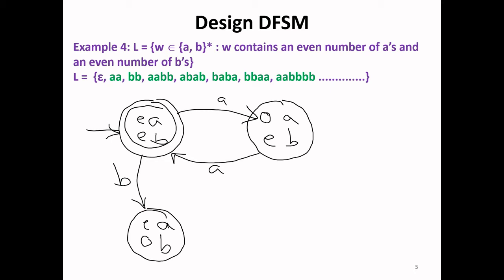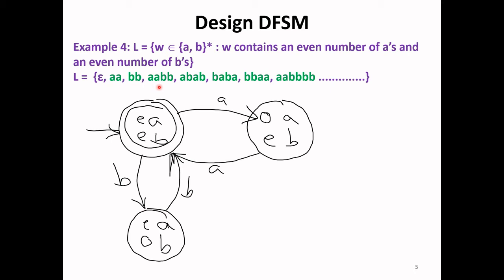For 1 B, it is in the intermediate state. For the next B, it must go back to the final state. So this string is also accepted.